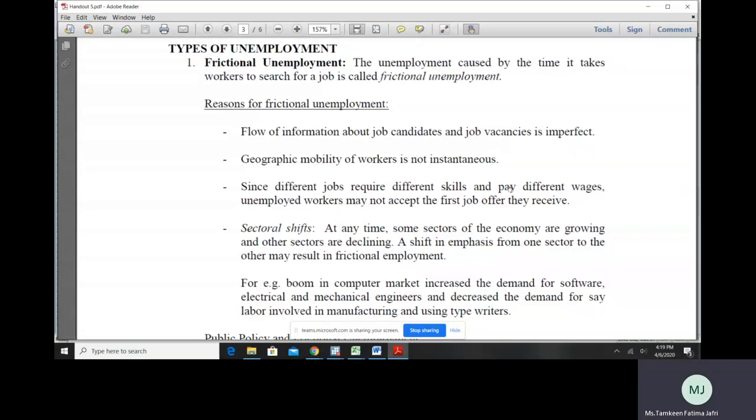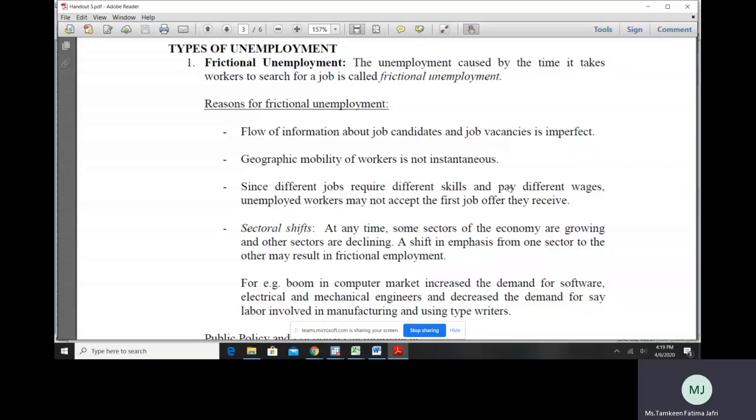But the time that it takes to find that perfect job, that right job, will result in some unemployment in the economy, which is referred to as frictional unemployment. So this is a very simple form of unemployment, and it can be explained by the fact that it's just the time that it takes to find that right job that is out there.